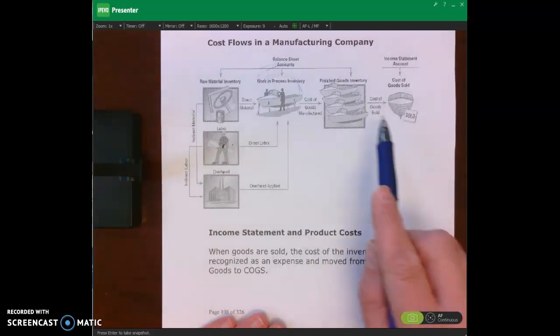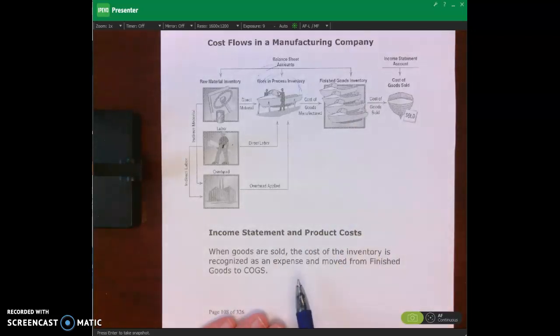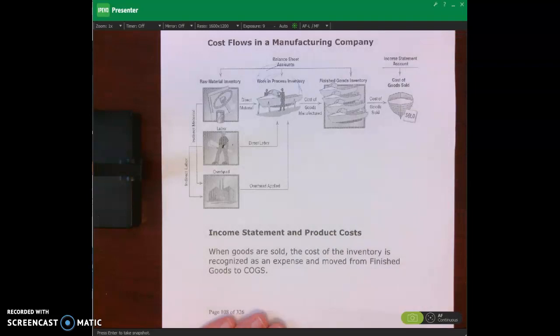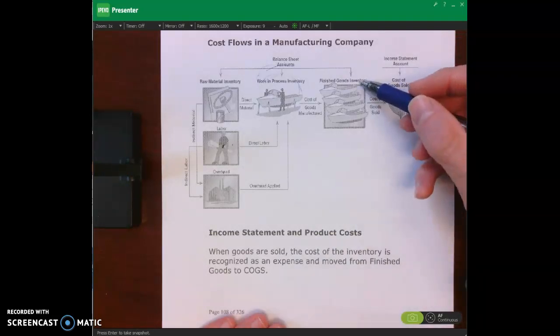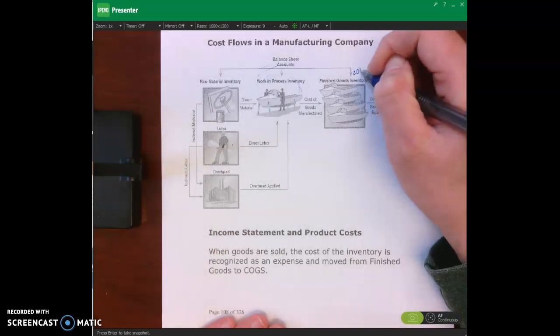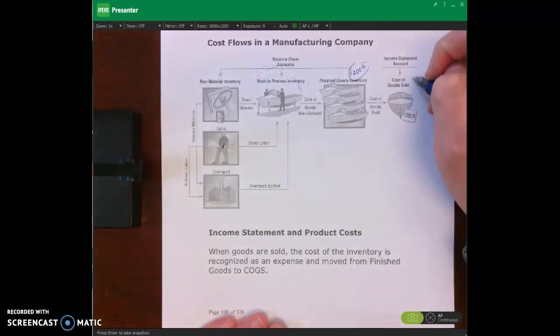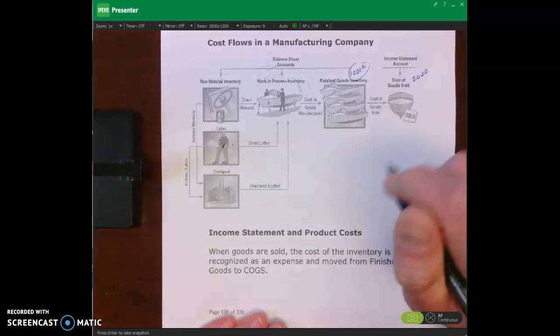When the goods are sold, the cost of the inventory is recognized as an expense on the income statement. Remember, if we made this table in 2019, it sits as inventory in 2019 until we sell it in 2020.